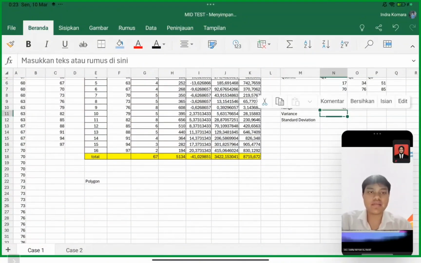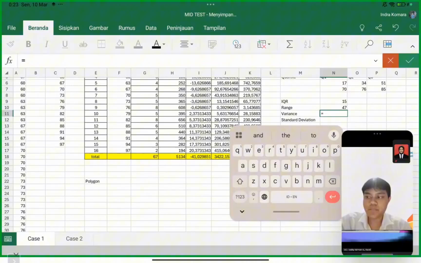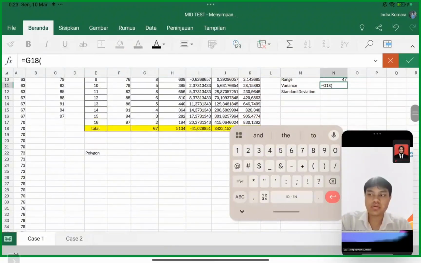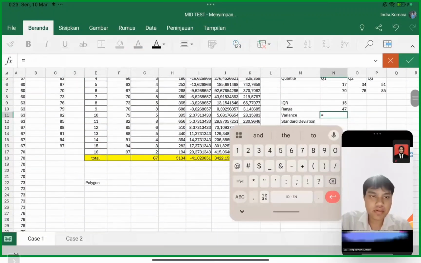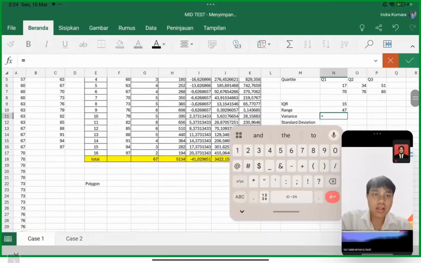Okay, for the variance, we use the total of frequency. Right, now we calculate the variance.